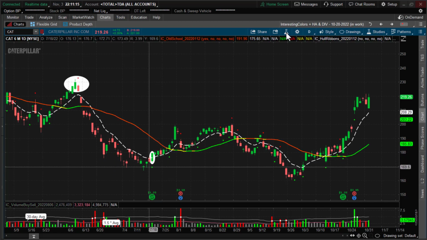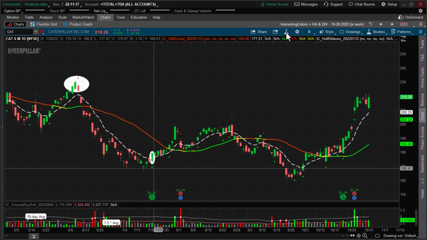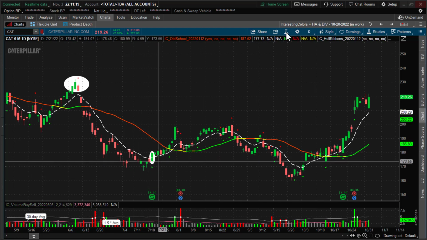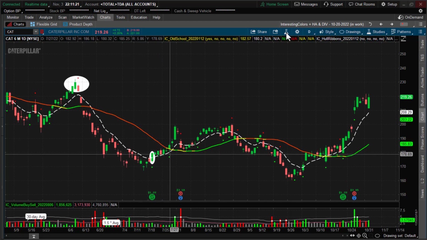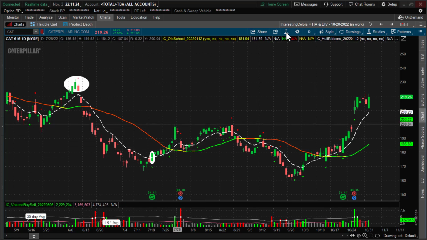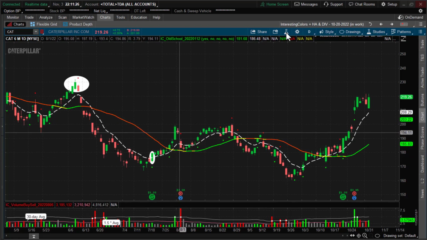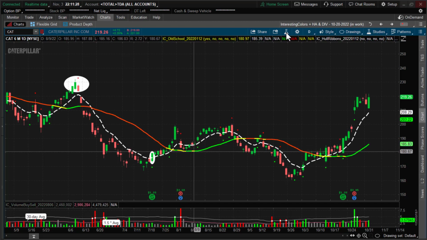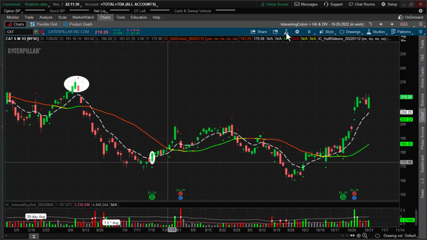So here is where this trend actually changed from going down to going up, and here's a bounce off of it. It kept going up until it hit this guy and went back down. So you can see that generally speaking, we're following this.